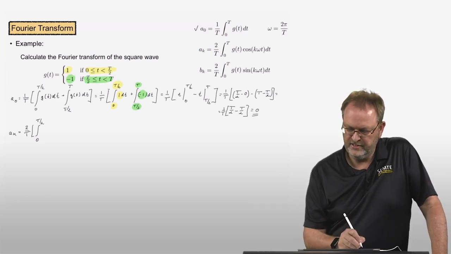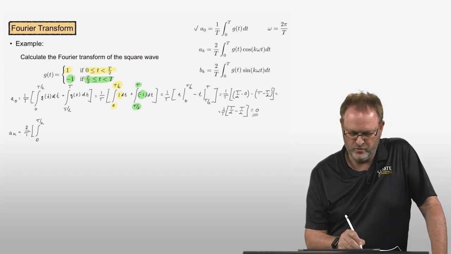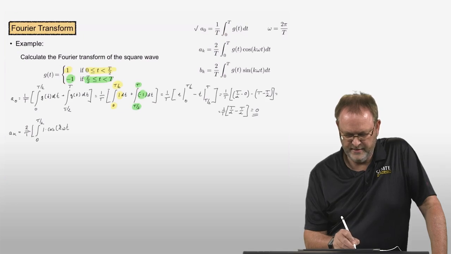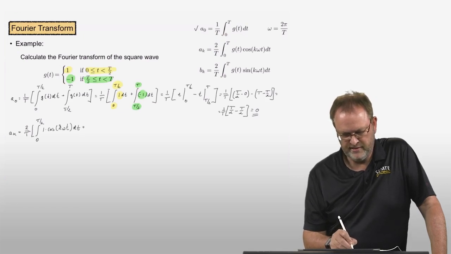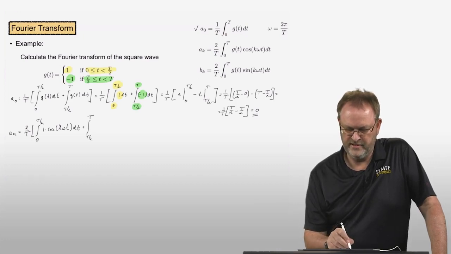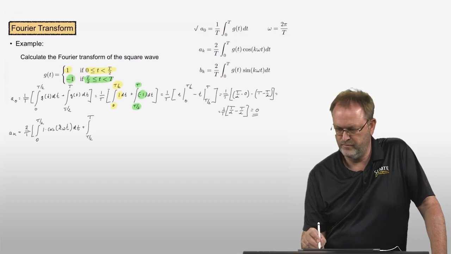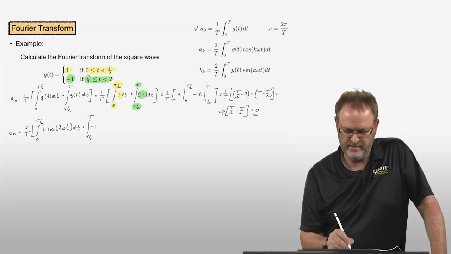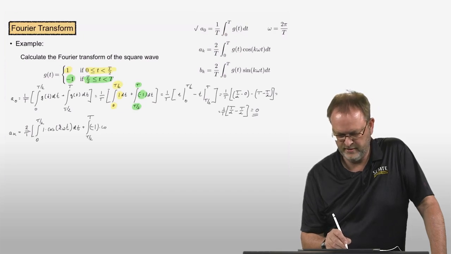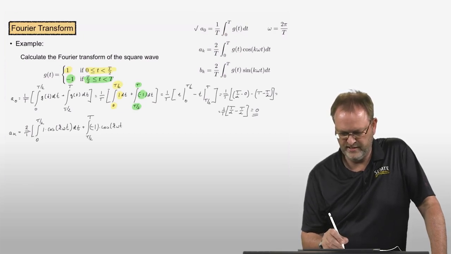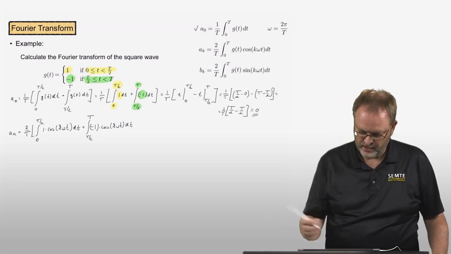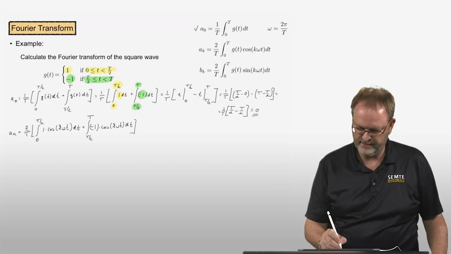If I'm between 0 and T over 2, then g of t is 1, so 1 times the cosine of k omega t dt, plus the integral from T over 2 to T. In this interval, g of t is equal to -1, so -1 times the cosine of k omega t dt. Okay, so close the square bracket.